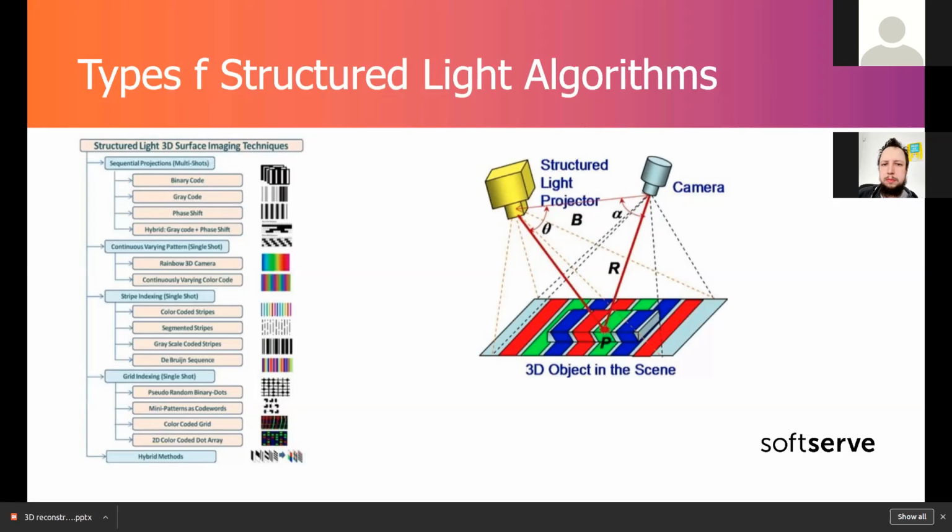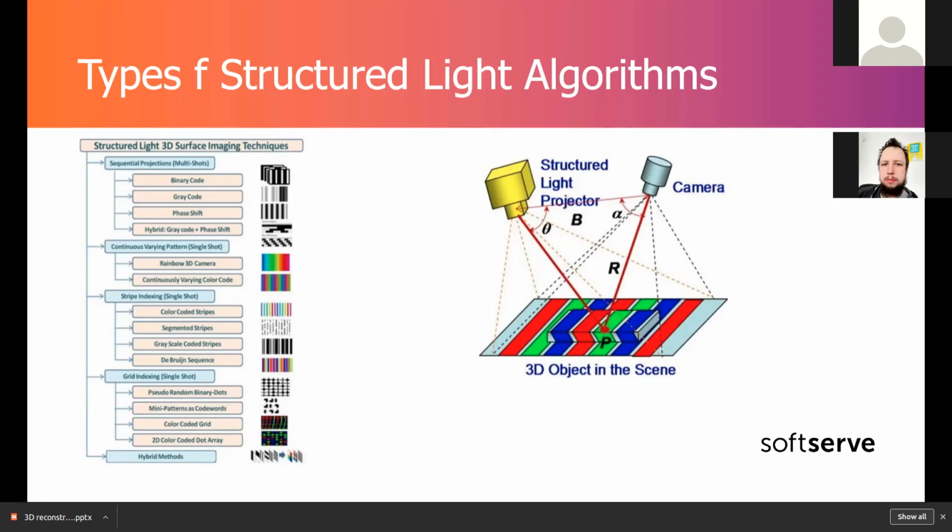Based on those methods, there are a lot of hybrid methods that combine the different methods mentioned above in order to achieve the best performance for particular cases. Our focus is the phase shifting algorithm, and it is related to sequential projection. The main algorithms in this category are binary code, gray code, and phase shift.